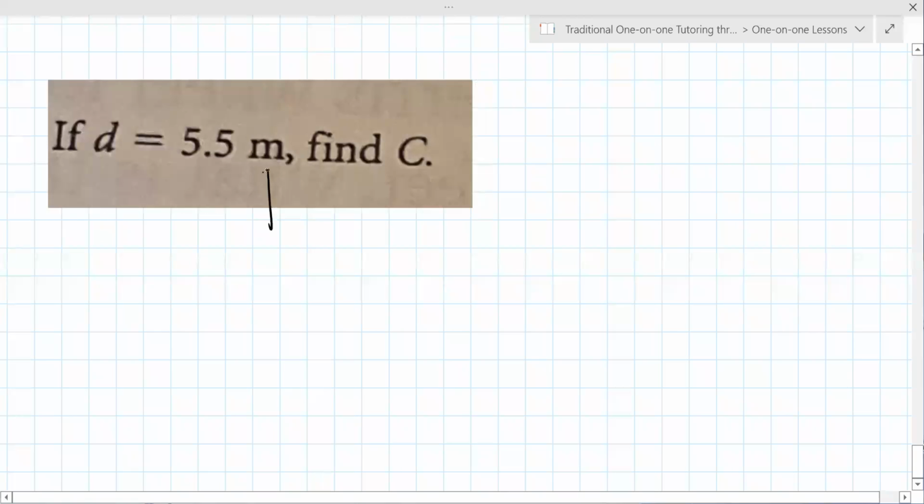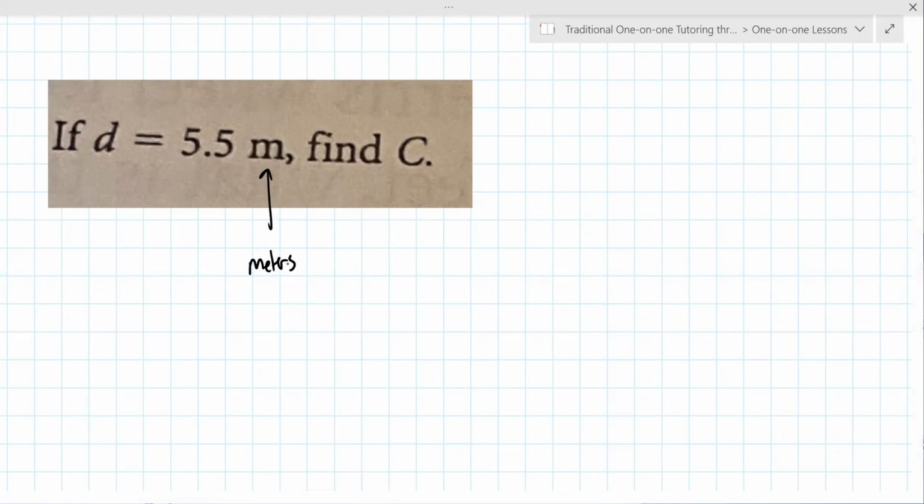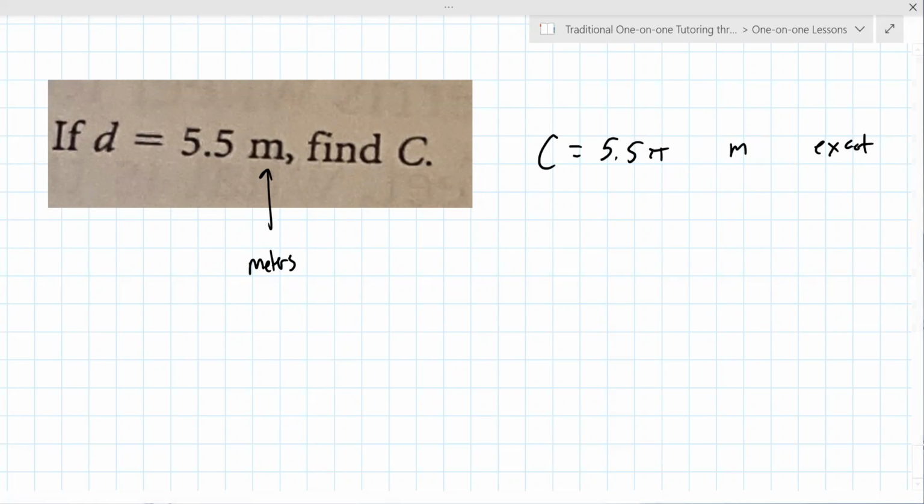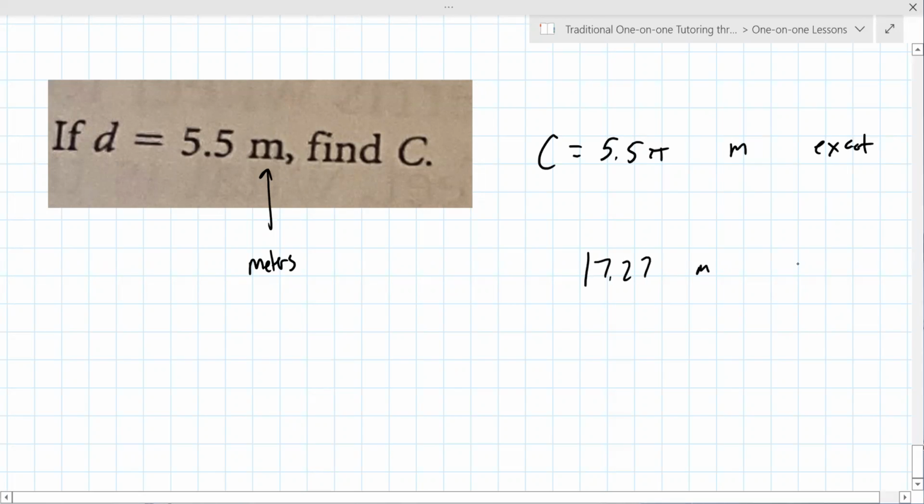The units are meters. Yes, the circumference is 5.5 pi meters. That's the exact. And the approximate? 17.27 meters. You've got it. Really good.